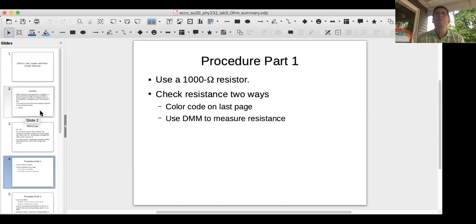The third represents the multiplier, so times 10 to the power. The fourth bar, if there is one, tells you the percentage uncertainty in that resistor. So you could have two identical looking resistors that don't have exactly the same resistance. We're going to look at the color code, and use the digital multimeter to measure that resistance exactly.